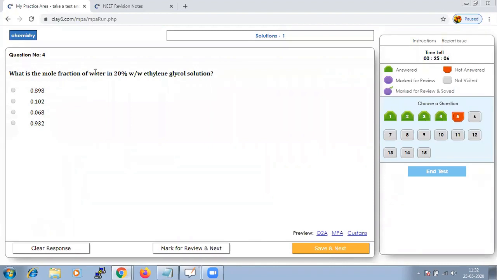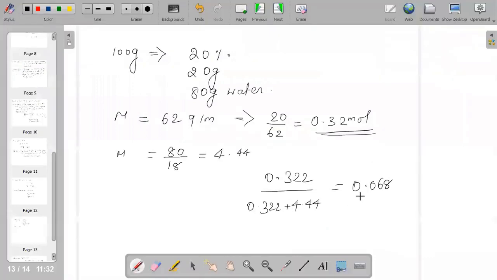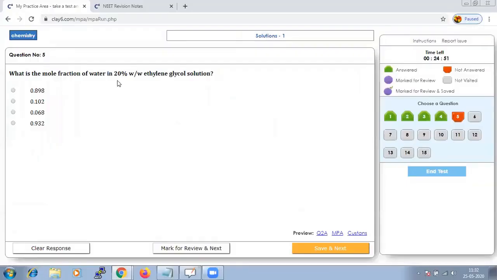Here, what is the mole fraction of water? Same format, same formula. The only thing is, what we have calculated is the mole fraction of ethylene glycol, but in this question they have asked for the mole fraction of water.